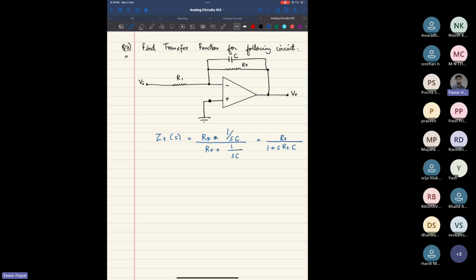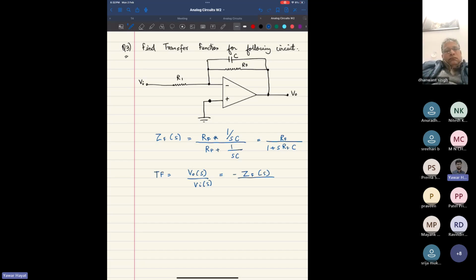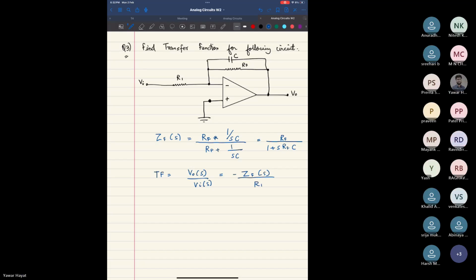This is VO of S. So now your final transfer function would be VO of S by VI of S. This part was the impedance of the parallel capacitor and RF. So this would be minus ZF of S whole divided by R1, since in the frequency domain R1 stays R1.